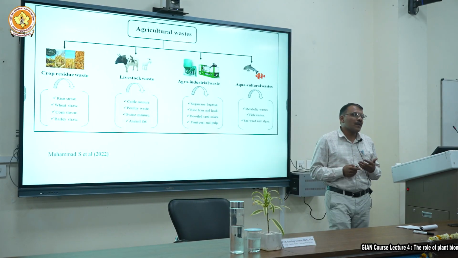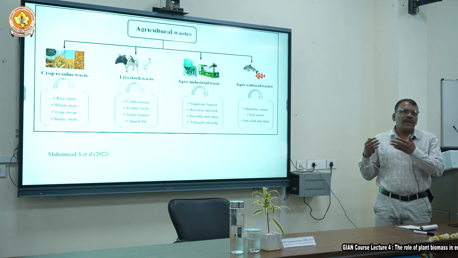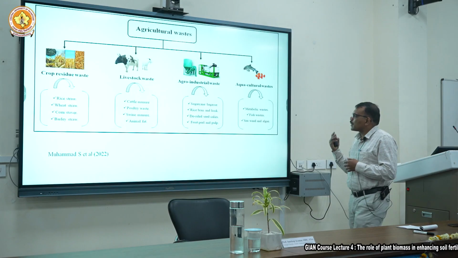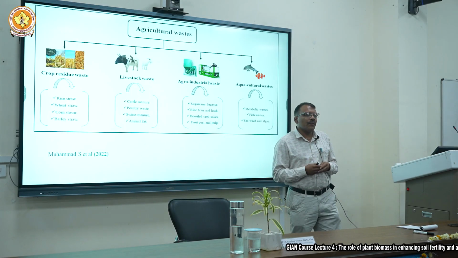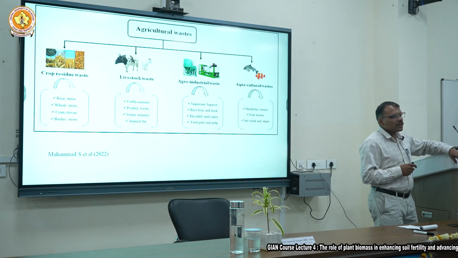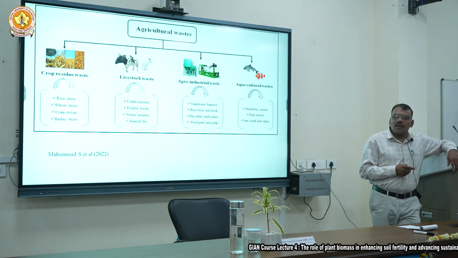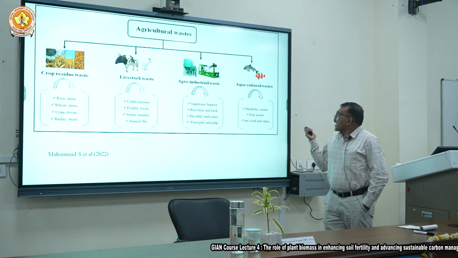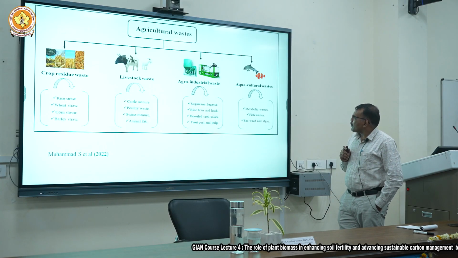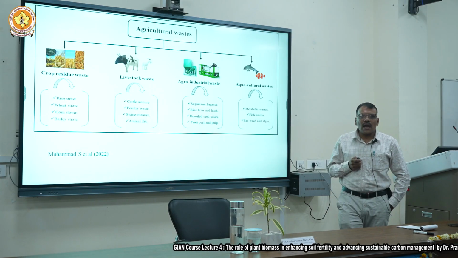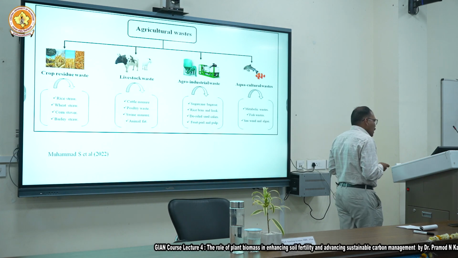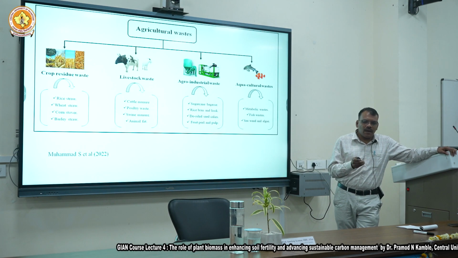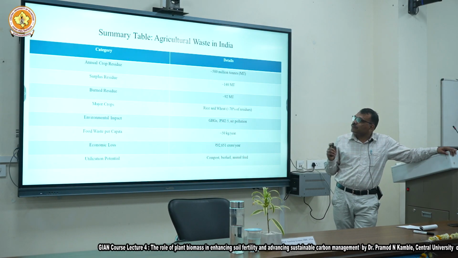People used that residue for feeding the cattle, and sometimes they used to send that waste to the soil ecosystem in order to maintain soil fertility. Then fruit peels and pulp. Then in aquaculture, we can use metabolic waste, fish waste, seaweed and algae. So these are some of the very important sources of biomass provided by the agriculture sector.